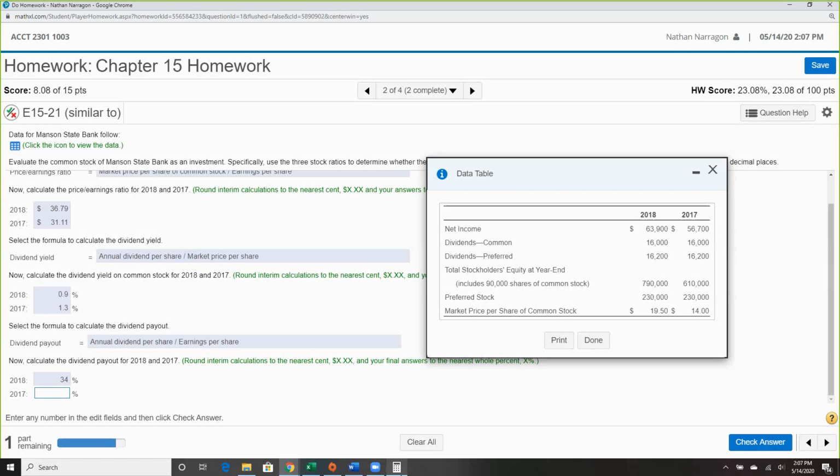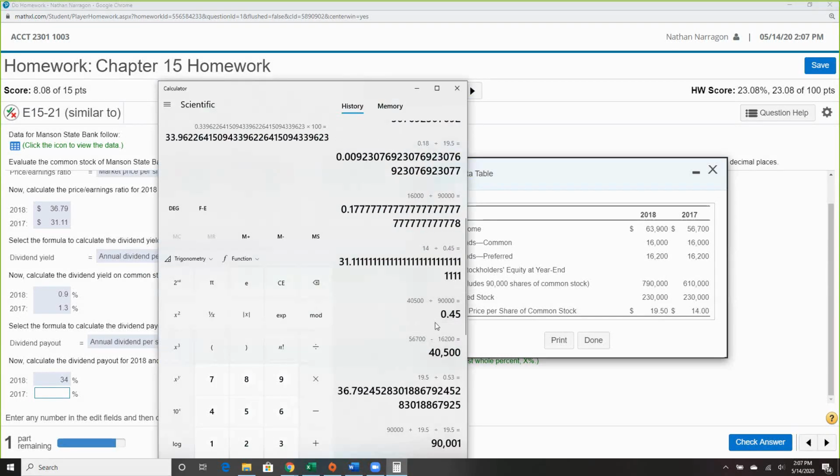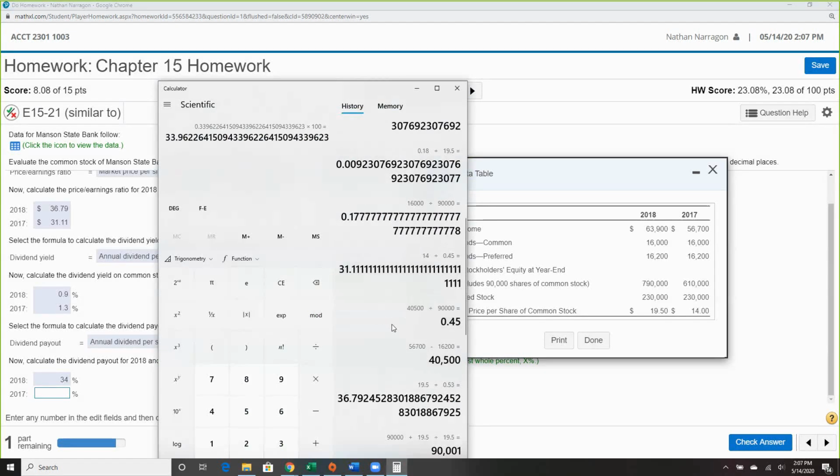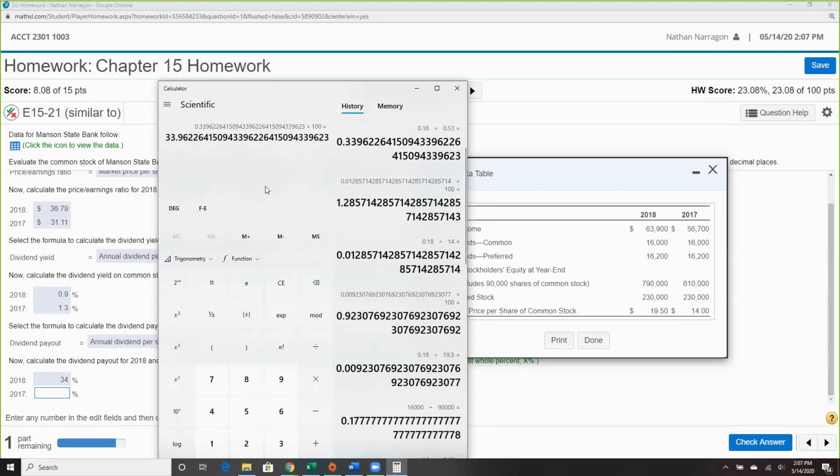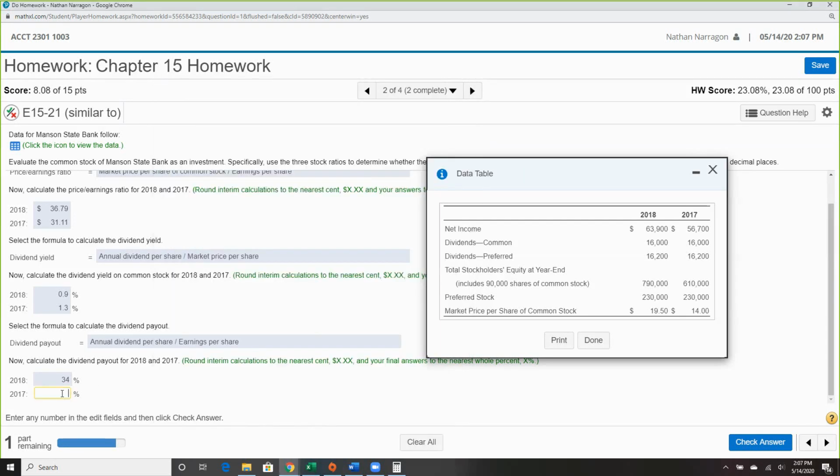And then, see, that was 45 cents for 17 for earnings per share. That's why I like this calculator. You know which formula you used it on. You can go find it. So 0.18, our annual dividends, divided by 17's earnings per share of 45 cents. And that's basically 40%. Then times by 100 to help you out with the percentage.